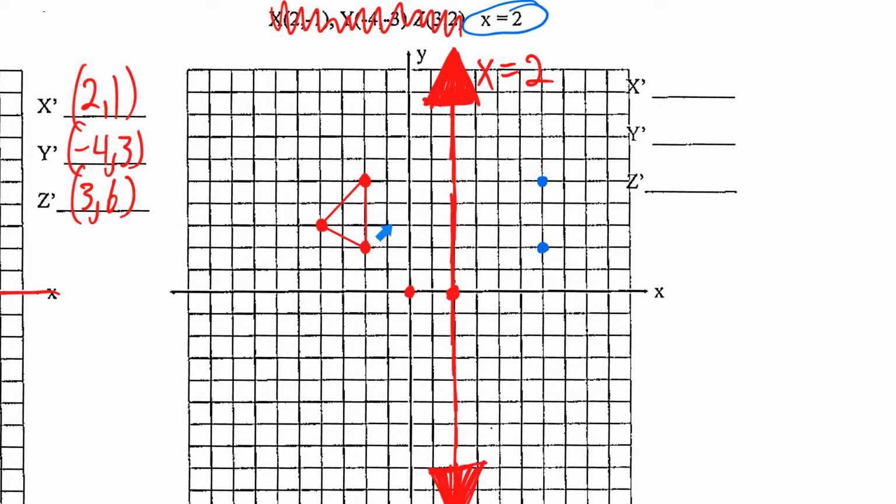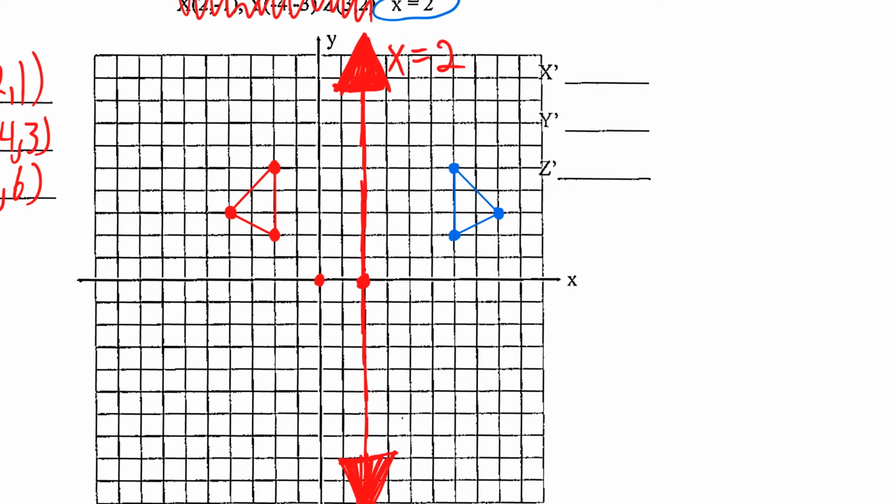And this one right here is 6 away, so I'm going to go 6 this direction to right here. And there's my reflected triangle.